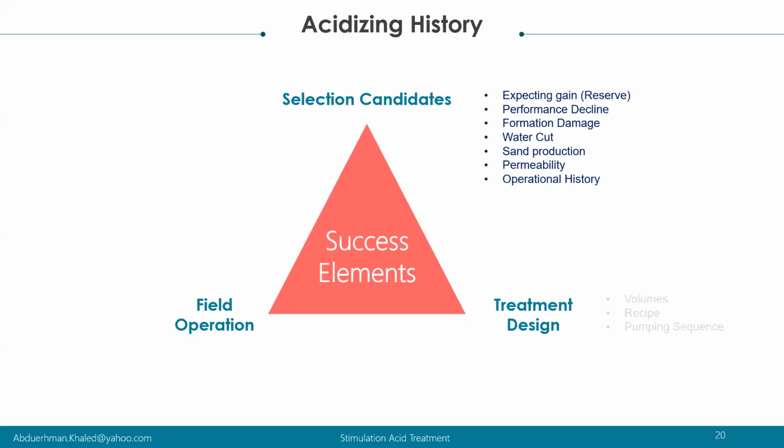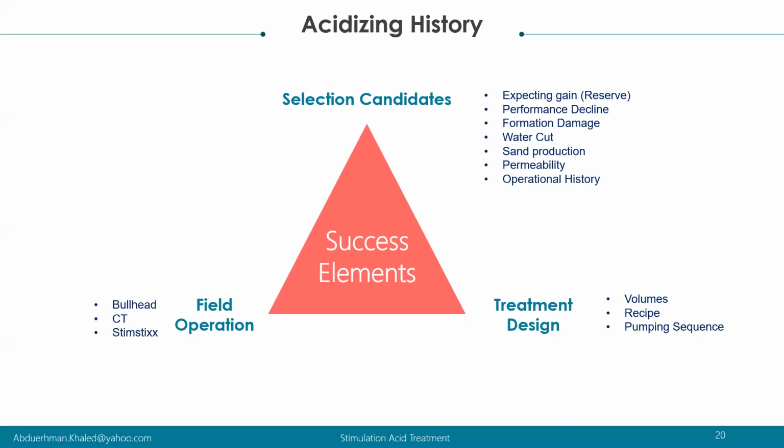Then we have the treatment designs. As we will see later in a bit more detail, the treatment design includes the volumes, the recipe, and the pump sequence. And then the field operations. Sometimes you have the best well selected and the best treatment design, but in the field operation, different techniques are being used to do acidizing stimulation.